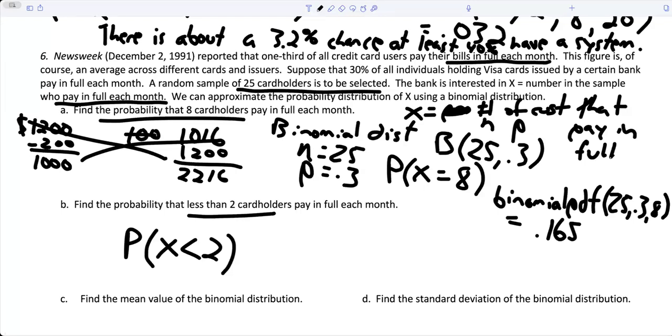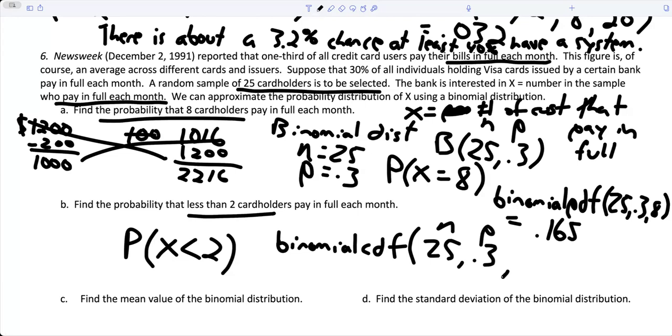So here, this would be binomial CDF with 25, 0.3, this is n and p. What is my lower bound? Again, lower bound must be 0. And upper bound, if it's less than 2, the upper bound would be 1. So you put that into your calculator, and I got 0.002.